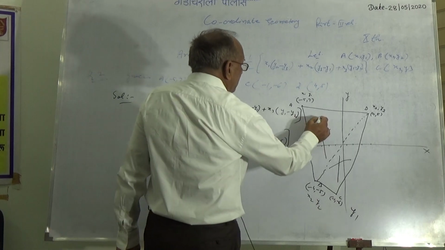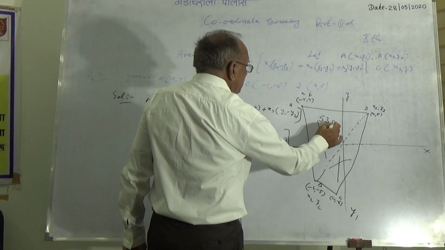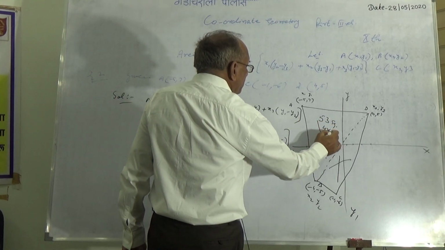This is the area of this triangle, 53 square units.